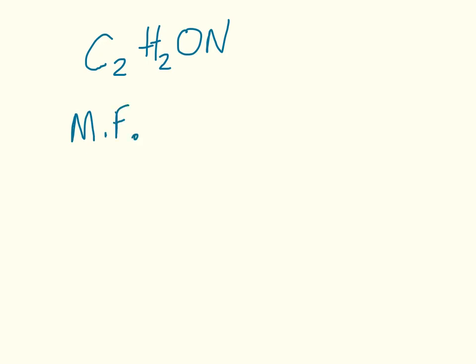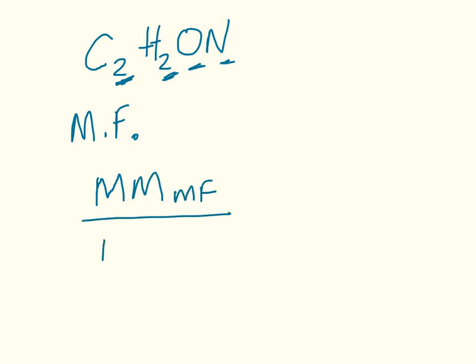So the molecular formula is going to be a formula that is a multiple of the 2, and the 1, and the 1. And what you do is you do the molar mass of the molecular formula divided by the molar mass of the empirical formula.